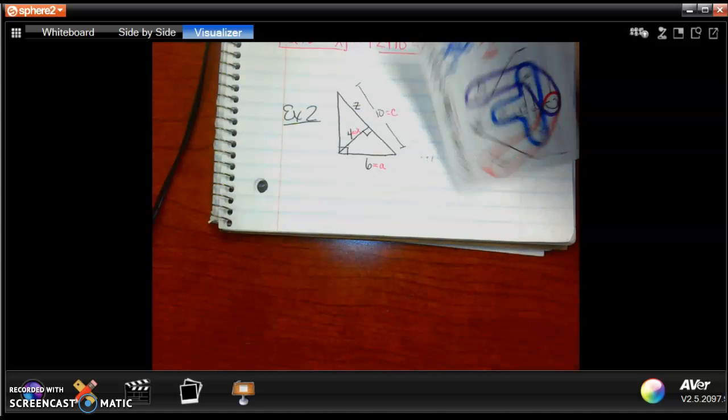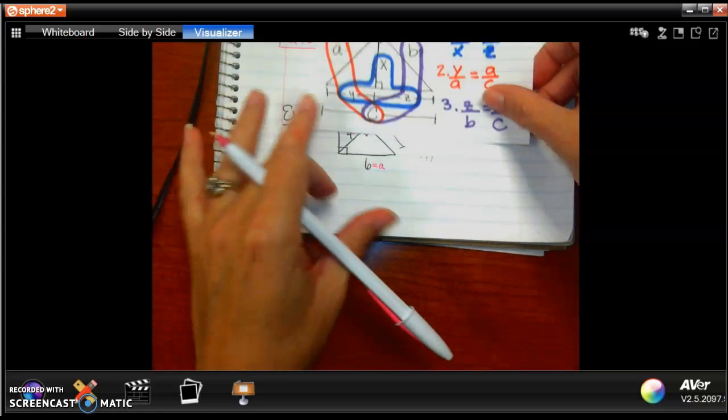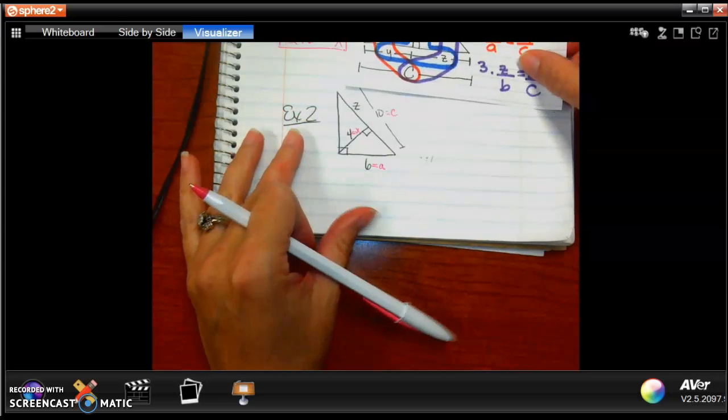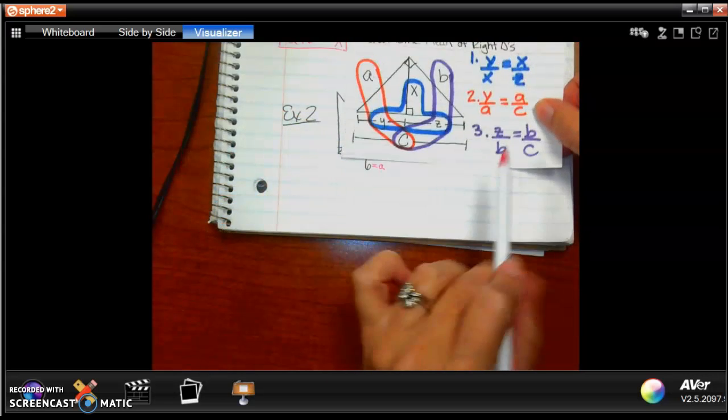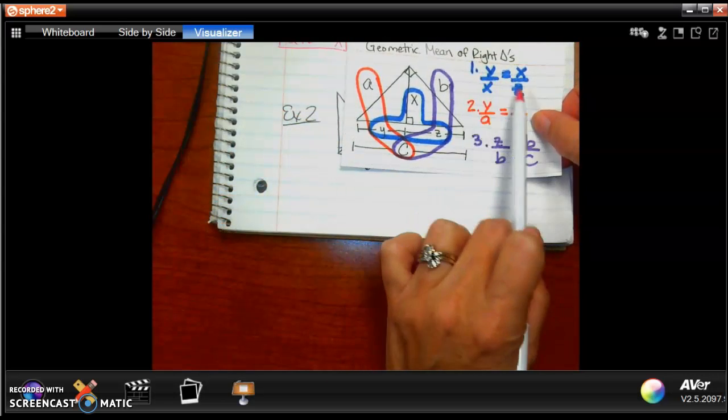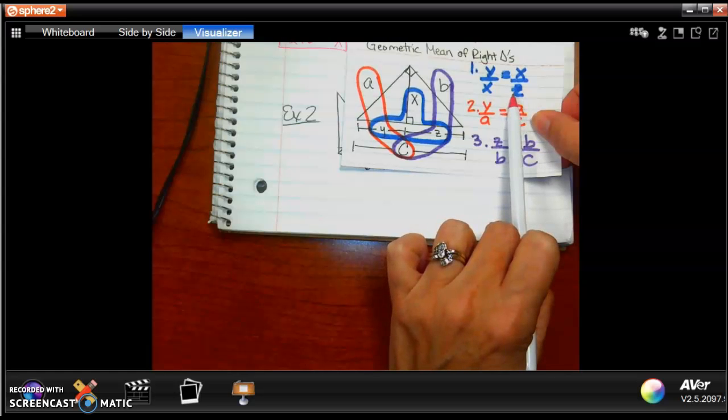So now I can take my card. And I want to find Z. So if I look for Z, Z appears in the first proportion.